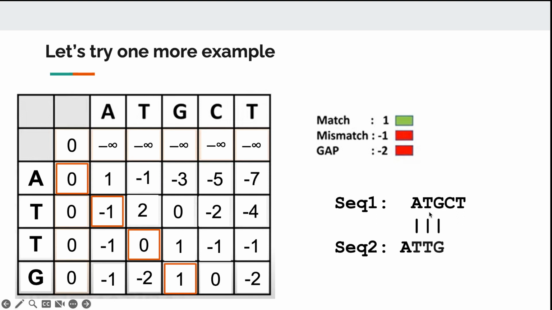So this is an overlap, and we can create a De Bruijn graph by connecting ATTG to ATGCT. This is the technique that people adapt from dynamic programming for global sequence alignment to create a De Bruijn graph for long-read data.